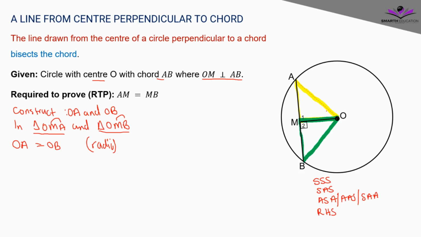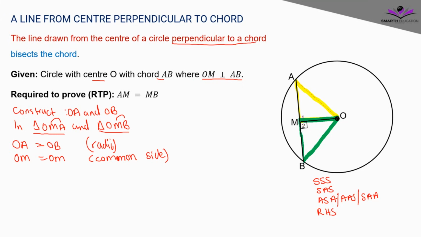And then for triangle OMA, we have OM. And then for triangle OMB, we have also OM. So this is a common side, meaning that OM is equal to OM. And then the last one, we have our angle M1 and angle M2. We're given, because it says that a line drawn from the center of the circle perpendicular to a chord.